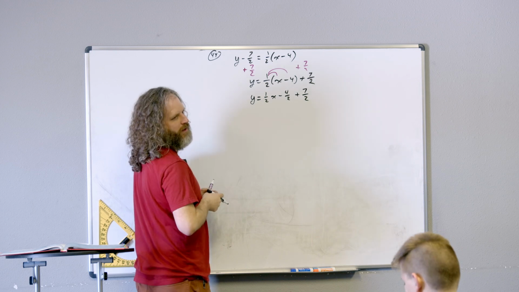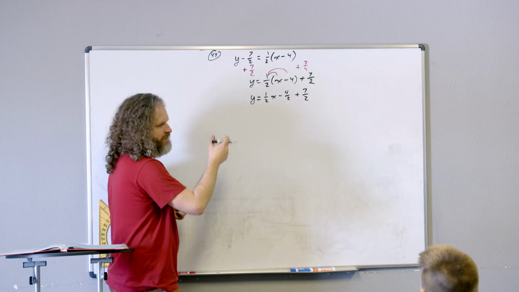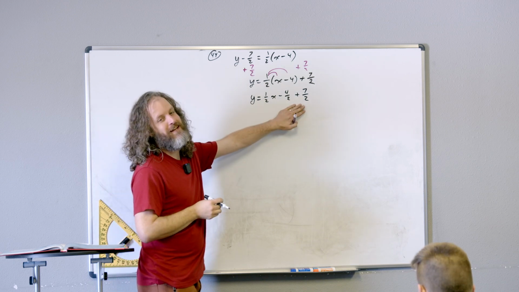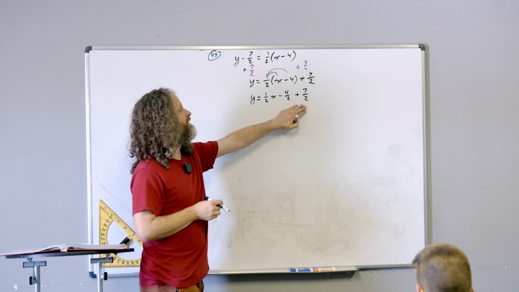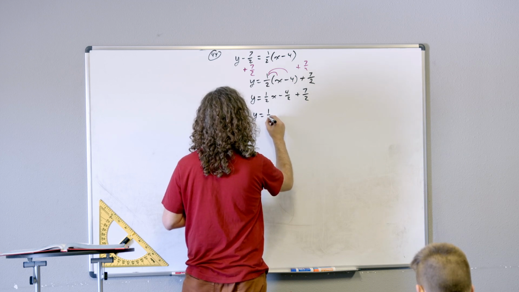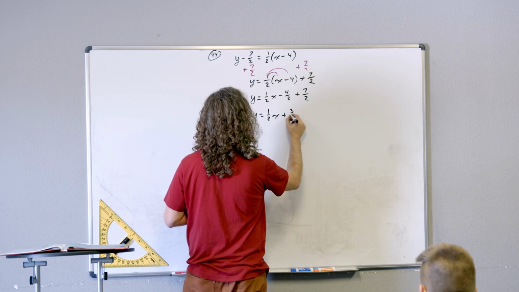We can do that in our head. What's negative 4 halves plus 7 halves? They're different signs, so subtract. Keep the sign of the big one. 3 over 2. So y equals 1/2 x plus 3 halves.